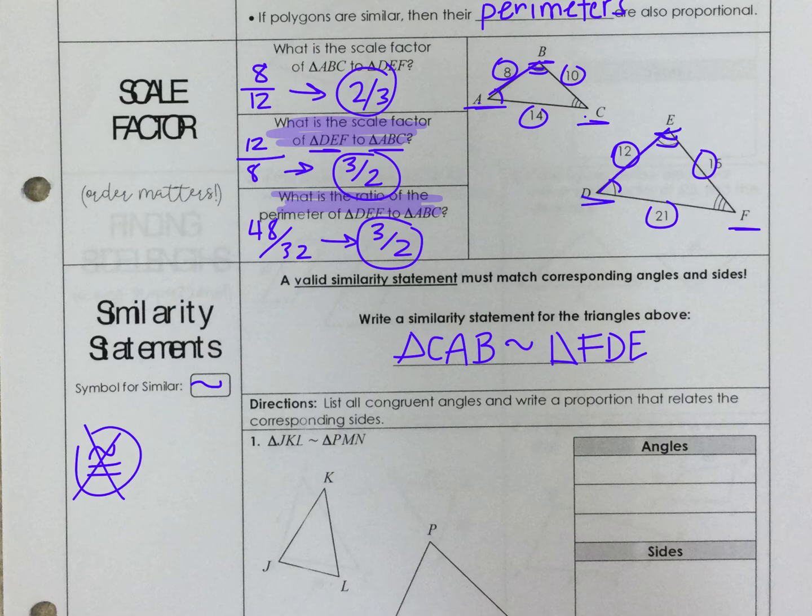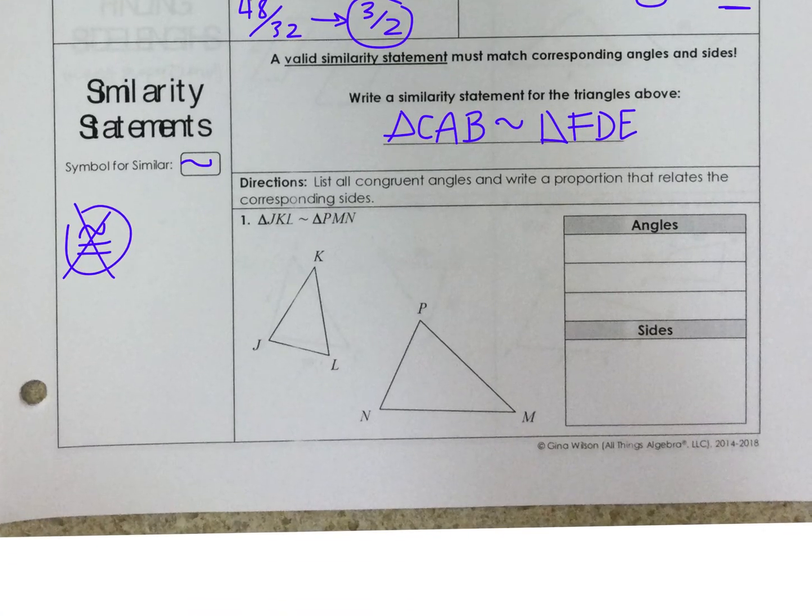Okay? So now we're going to write some statements identifying what parts are similar. So you always have to look at the writing right here to know what's going on. So it's telling me that JKL is similar to PMN. That means that their angles are going to be the same and their sides are going to be a little bit shorter or longer.